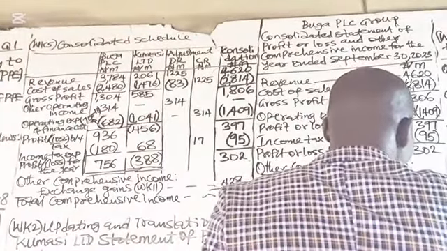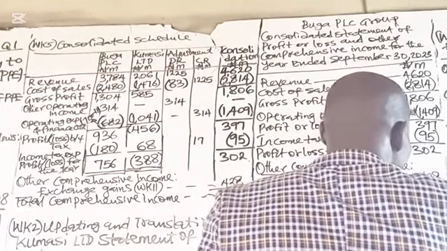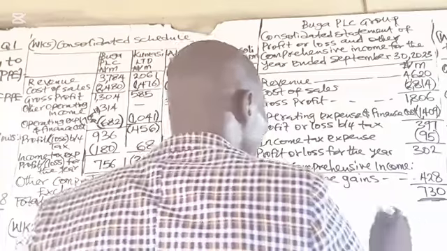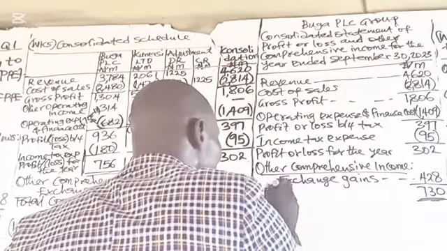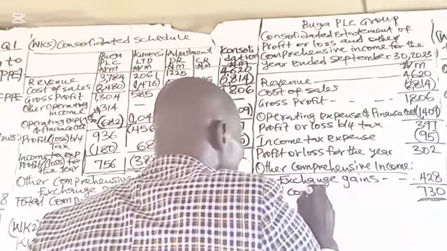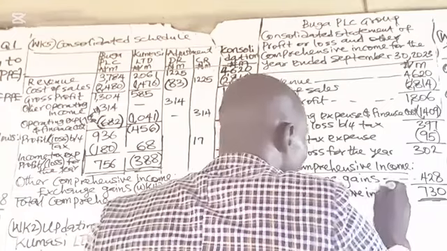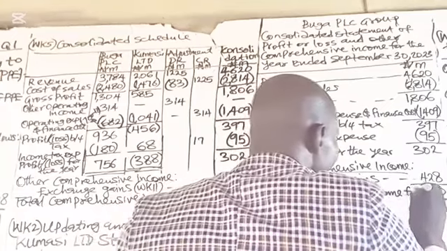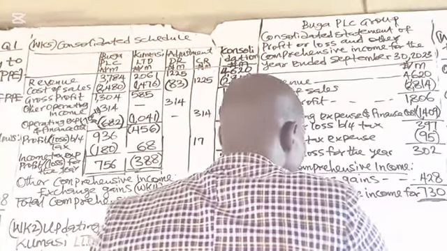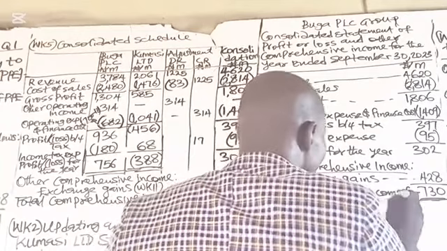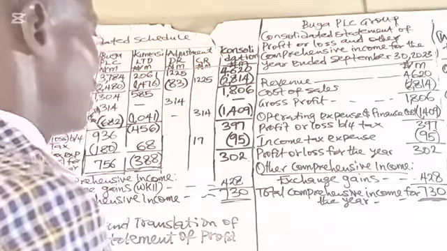If you add the 428 million, the total is 730 million. The 730 million is the total comprehensive income for the year.